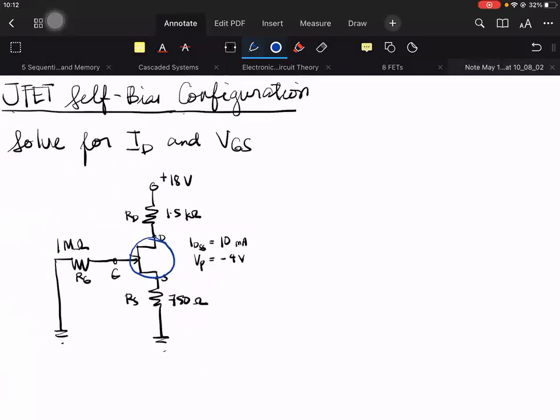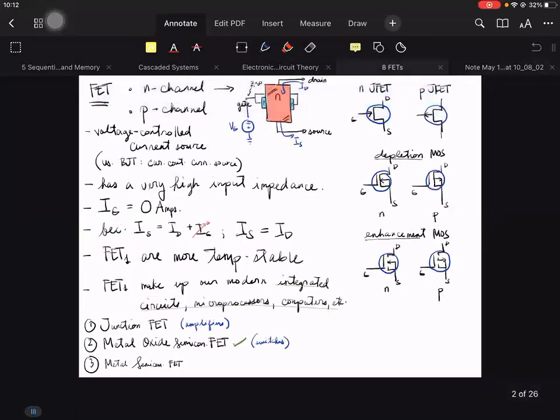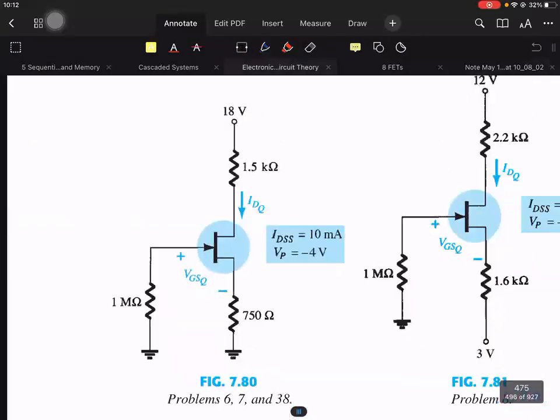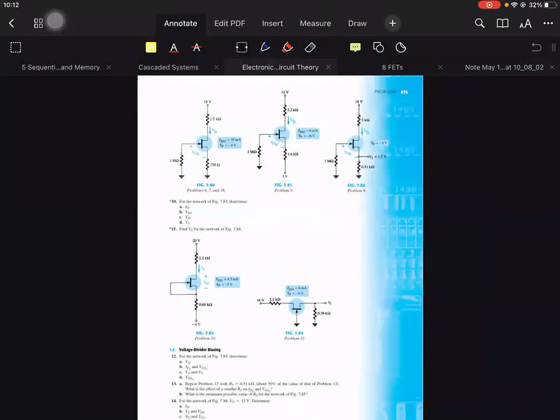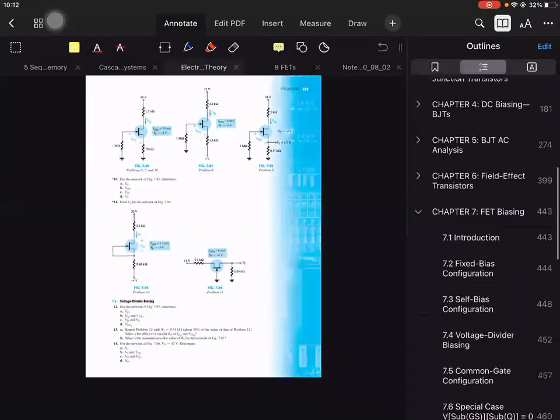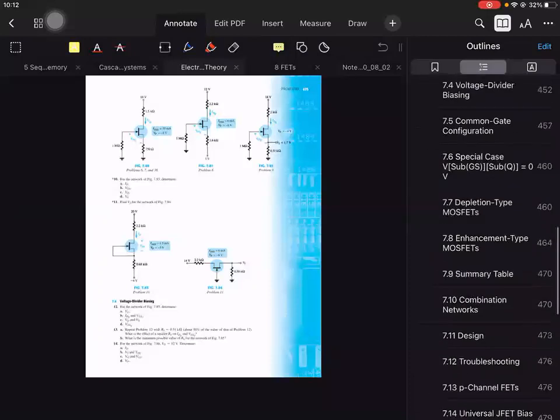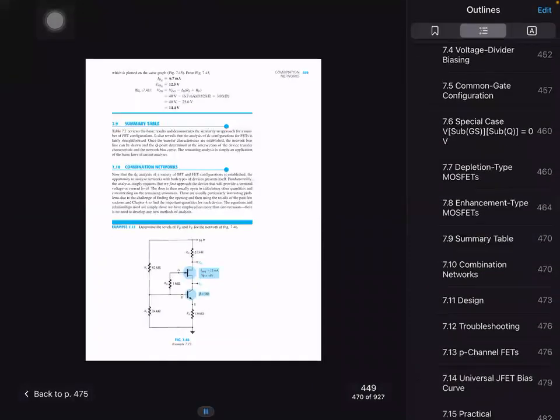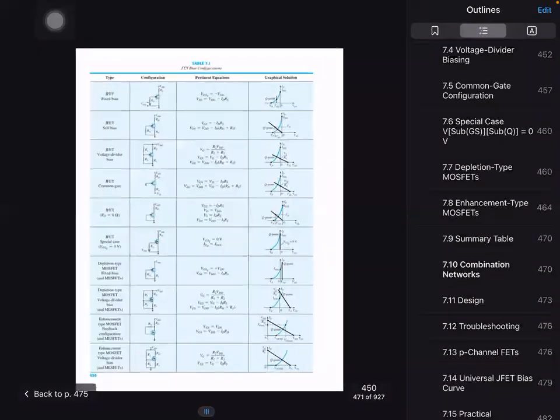We'll just solve for ID and VGS. We will not derive the formulas for the FET anymore. Just refer to the summary table. For the FET, we have a summary table.